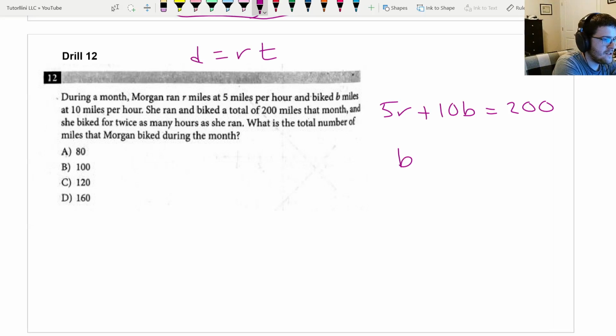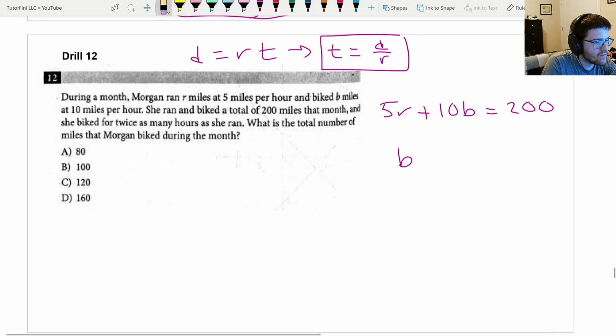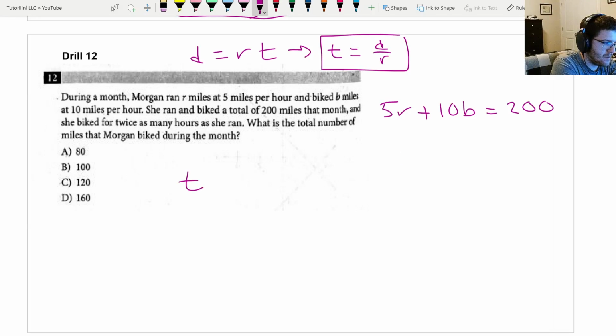So T, remember, T is D over R. Divide both sides by R. So she biked, the distance was B, and the rate, so really it's like time biking is 2 times T running.